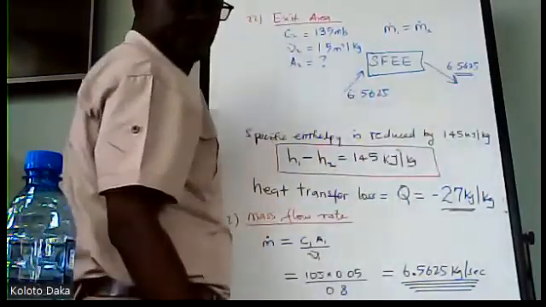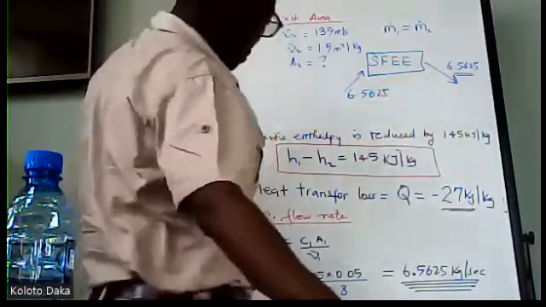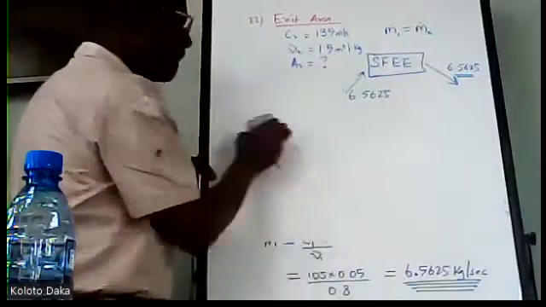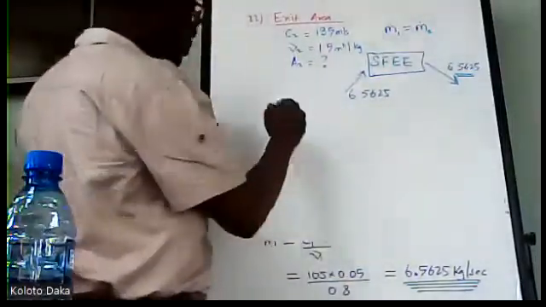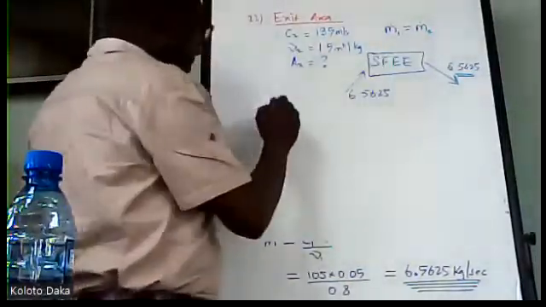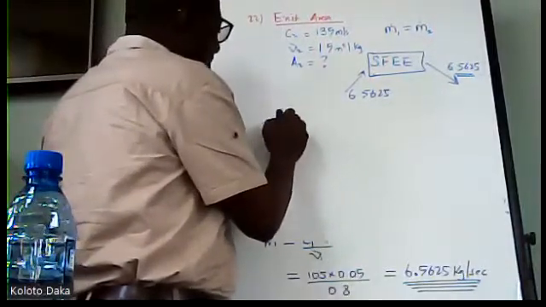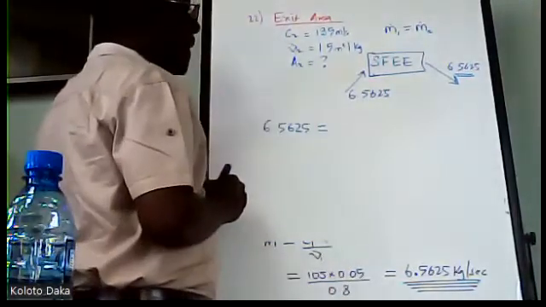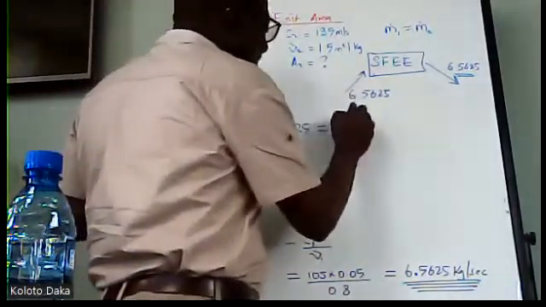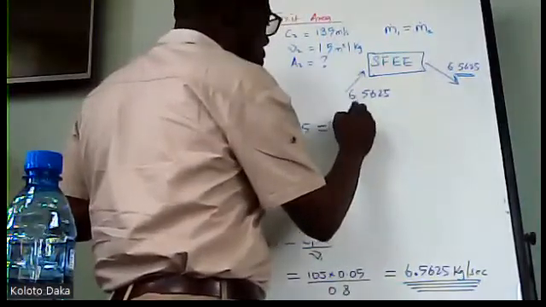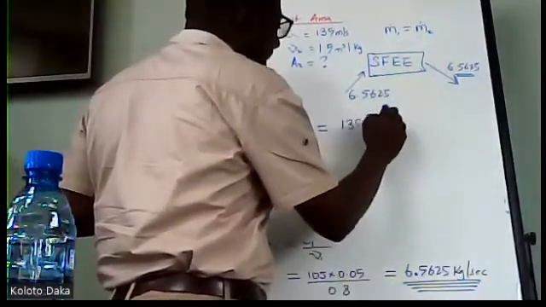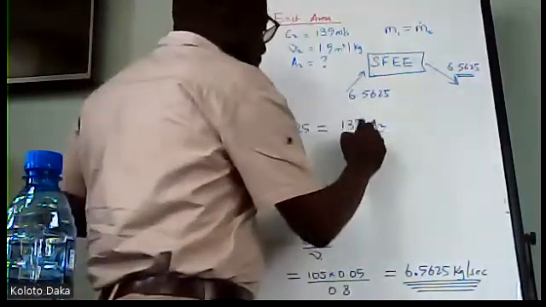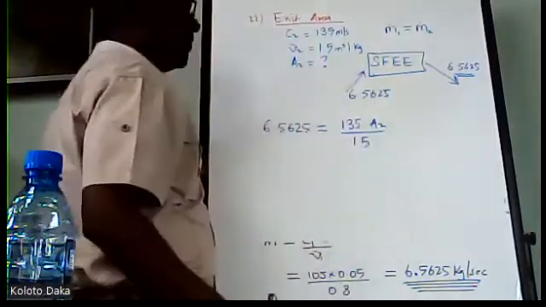Therefore, 6.5625 should be equal to C2, 135, times area 2 over 1.5.